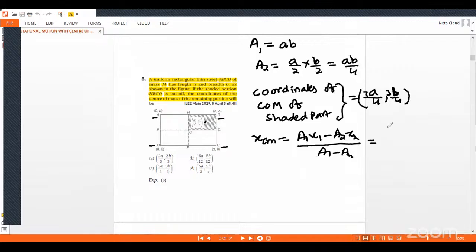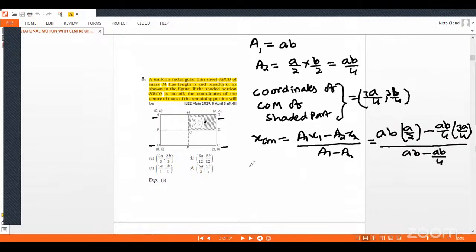That is, initial area is AB and center of mass x1 means initial center of mass of the rectangular sheet, minus AB by 4 times 3A by 4 divided by AB minus AB by 4. So xcm equal to A square B by 2 minus 3A square B by 16 divided by 3AB by 4.